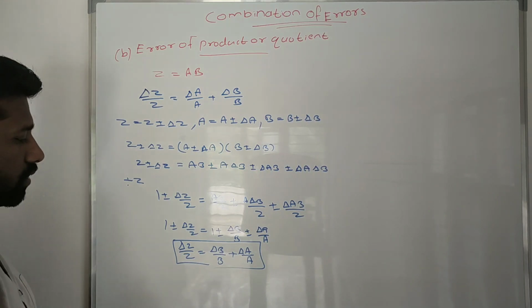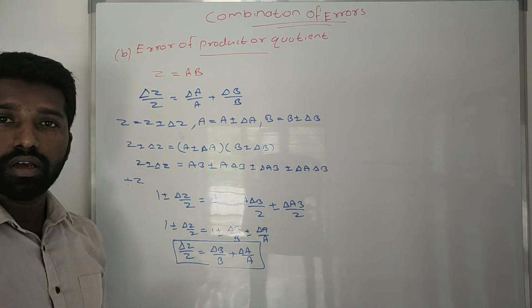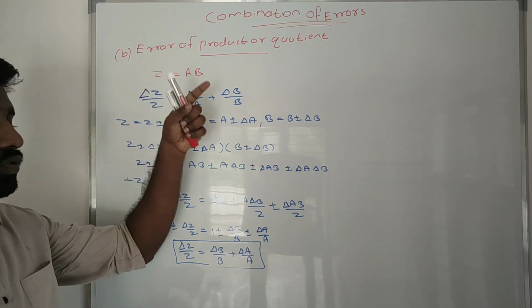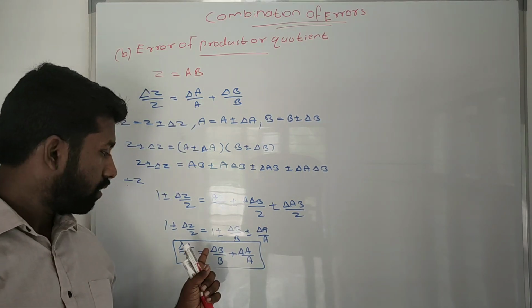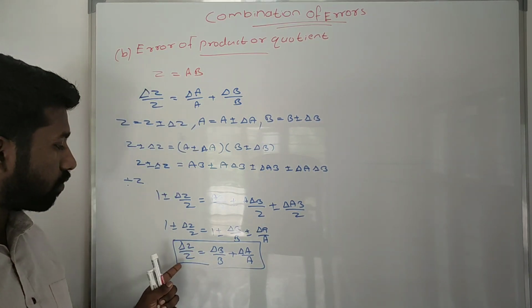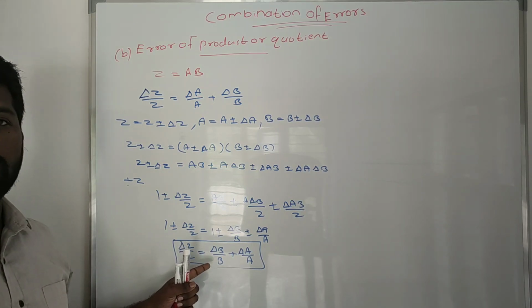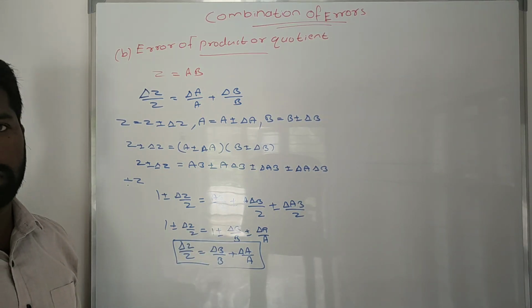So we can say that if a quantity is a product of two quantities, then the relative error in the quantity is the sum of the relative errors in the two quantities. Clear?